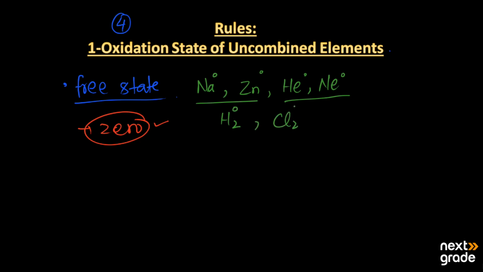If we have the Cl2 form, its oxidation state is 0, as these are in the uncombined state, combined only with their own atoms. Both atoms are the same, so there is no discrimination between these elements in a molecule or compound. So this is the oxidation state of the uncombined state.